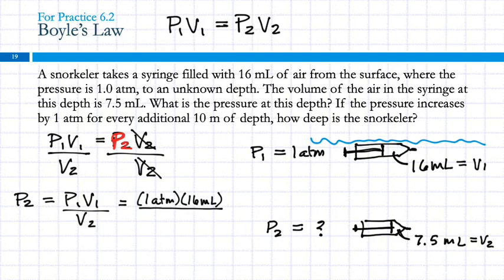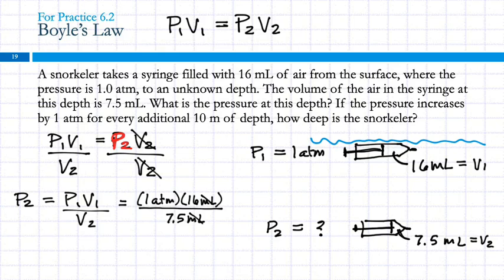And this is divided by volume 2, which is 7.5 milliliters. What happens with the units? They cancel. Milliliters divided by milliliters cancels. I'm left with atmosphere, which is a pressure unit, and I'm calculating pressure, so that's a good thing.